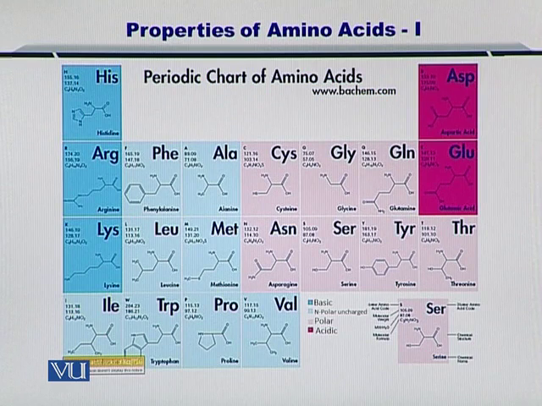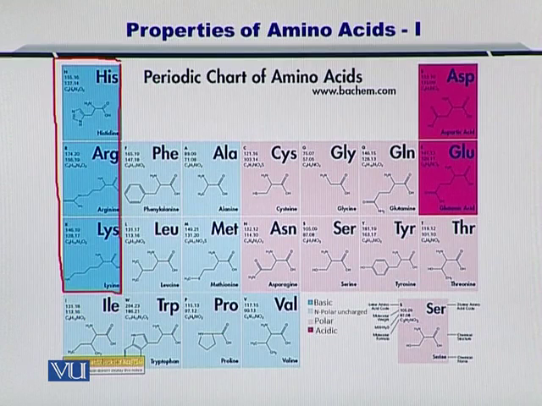You can see in blue, the dark blue portion here, these are the basic amino acids. The ones shown here on the right side are the acidic amino acids. So basic and acidic amino acids together comprise the supercategory of amino acids called the charged amino acids.